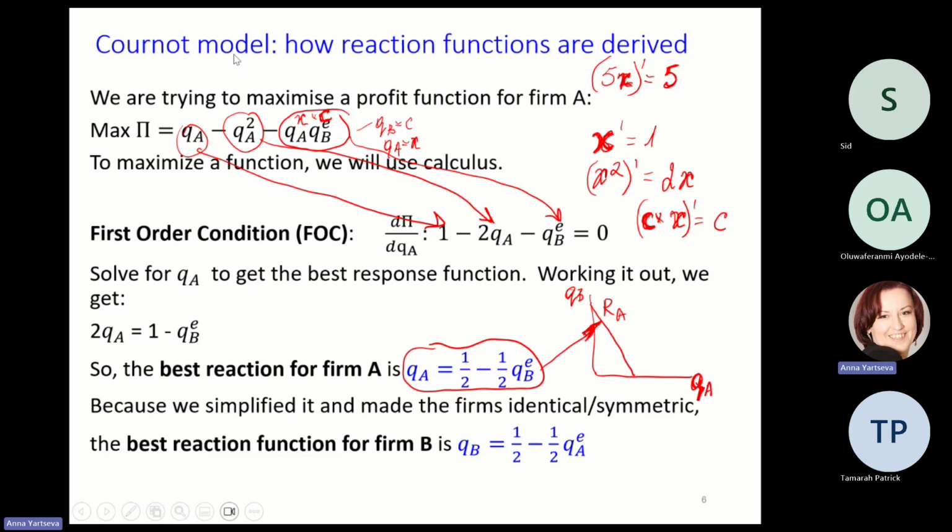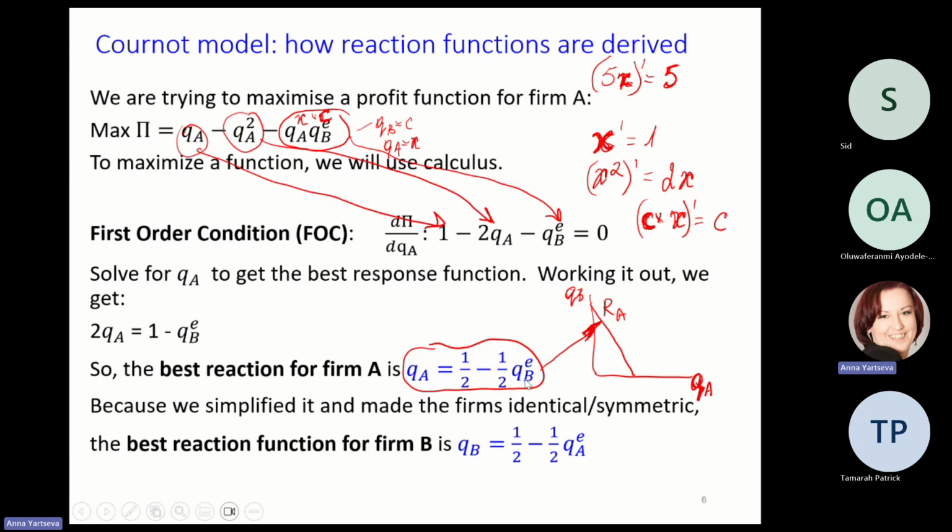It maximizes profit because this is where we've started. We've started from the profit maximization condition. We've written down the profit function, maximized it, and worked out our quantity. To maximize our profit, we produce this quantity for each possible quantity B. So whatever our rival is producing, there is the best response for us.